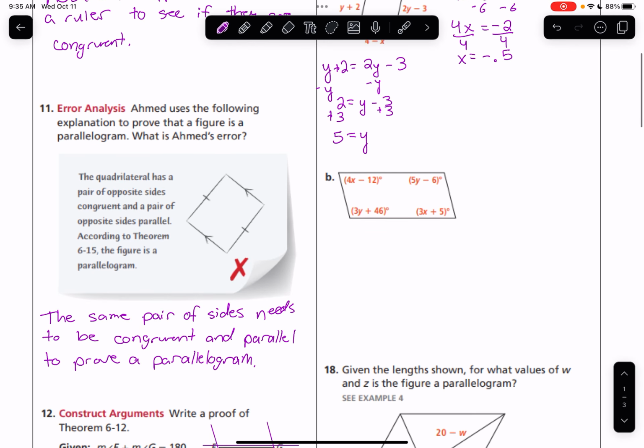For b, same thing, but this time the opposite angles is what we're going to be looking at. So 4x minus 12 equals 3x plus 5.